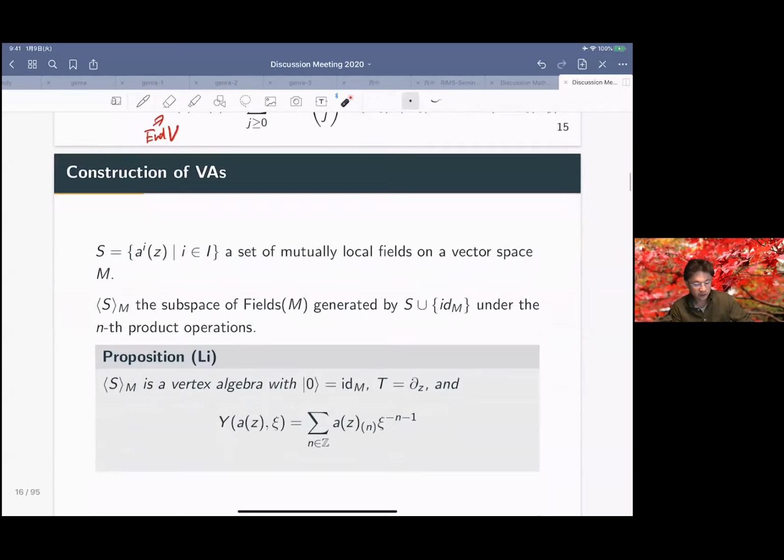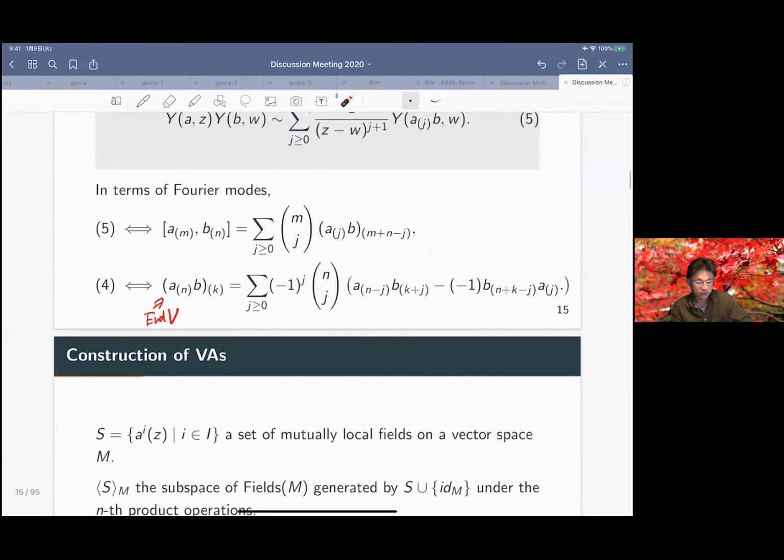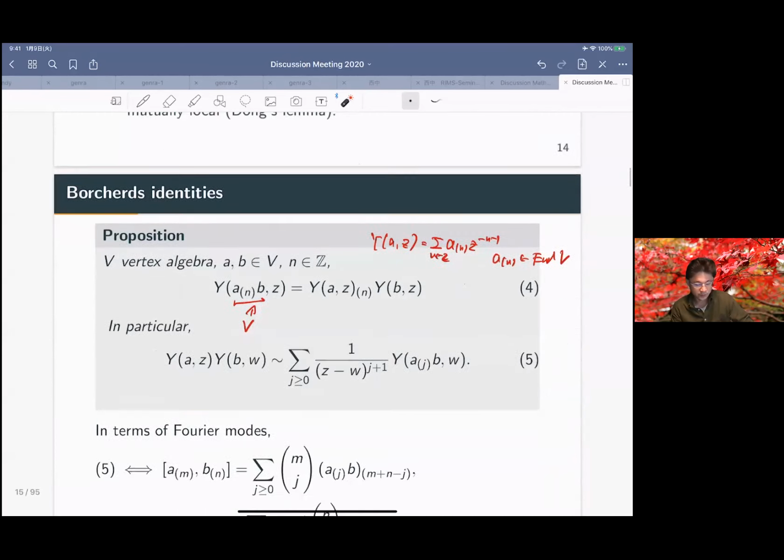The statement is that this big space has the structure of a vertex algebra, with the vacuum vector being the identity operator and the translation operator being the derivative. This space is closed under the derivative because of this property of the nth product.